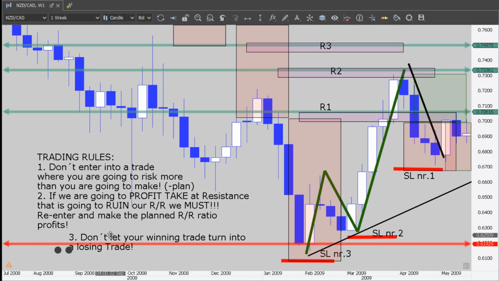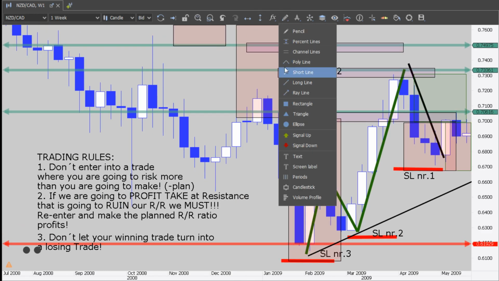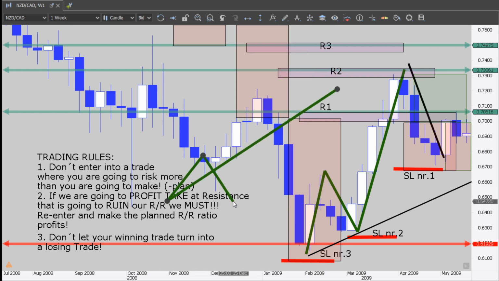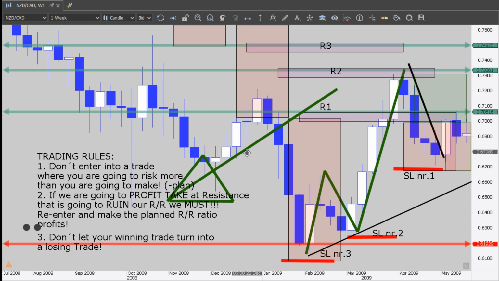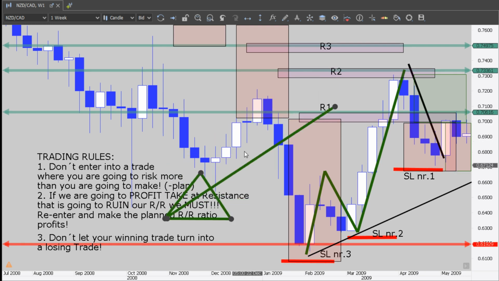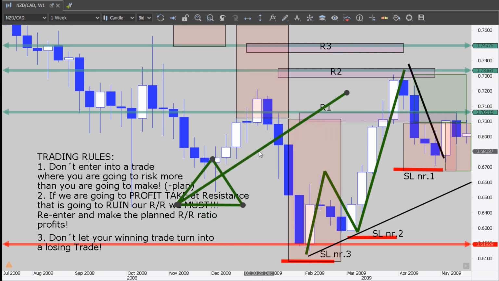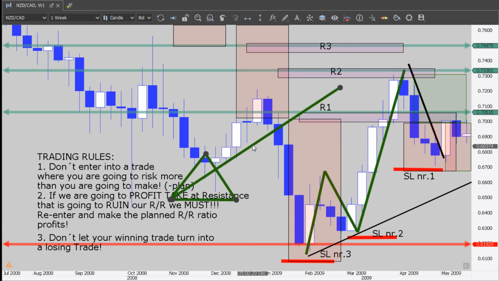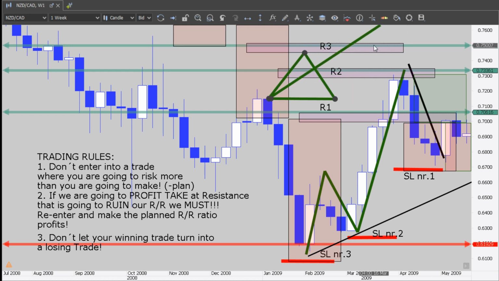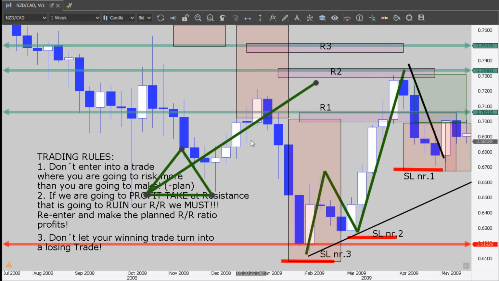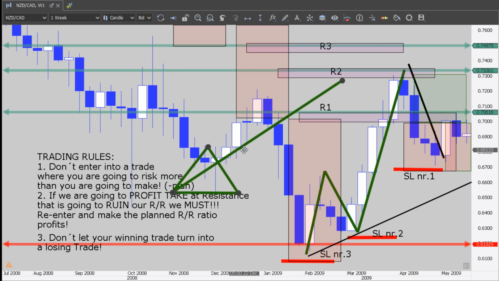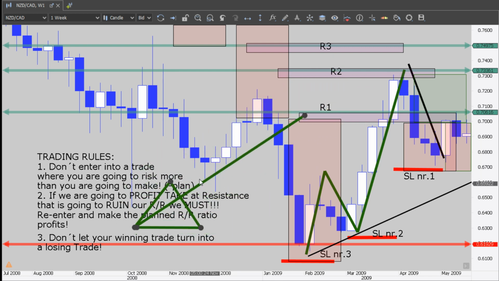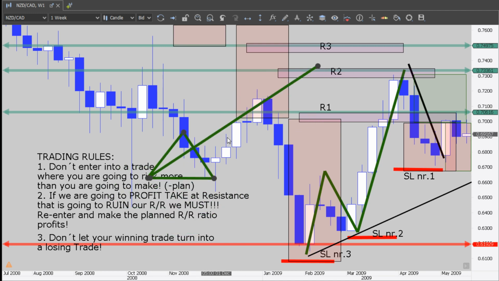What Zuelius just did, if you understand the psychology behind the trading rules, is this a good thing or is this a bad thing? Zuelius says, I'm going to take profits at resistance number 3, and now I want to change my stop loss number 2 to stop loss number 1. What Zuelius just did, is this a good thing or is this a bad thing?